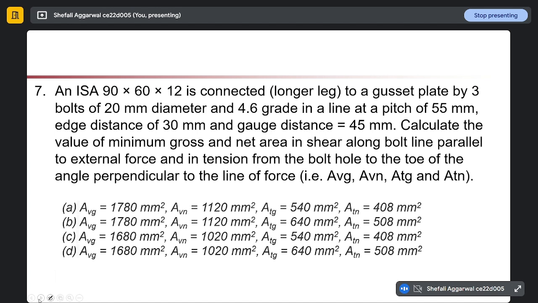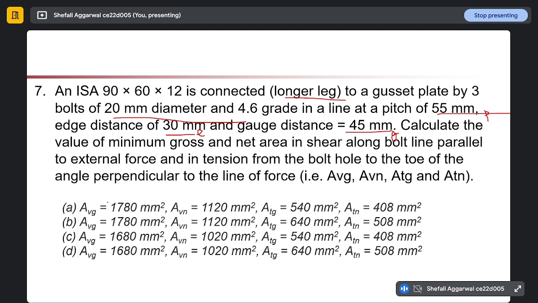So the next question is: an ISA 90 into 60 into 12 mm is connected along the longer leg to a gusset plate by 3 bolts of 20 mm diameter and 4.6 grade in a line at a pitch of 55 mm, edge distance of 30 mm and gauge distance of 45 mm.